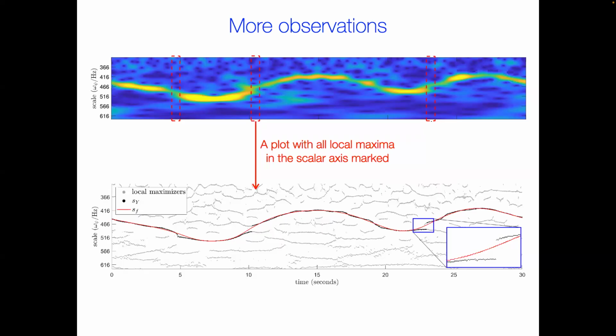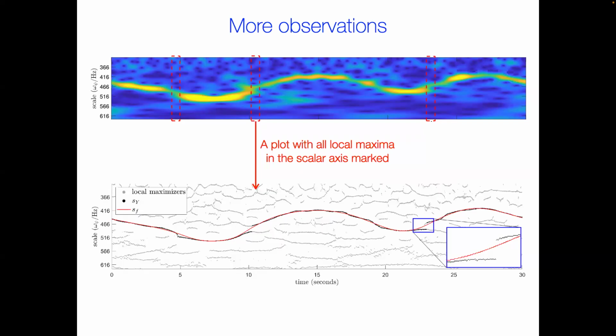That is, the gradient is 0 and the second derivative is negative. And if there is one, I just plot one point. So this is the result, a local maxima plot.